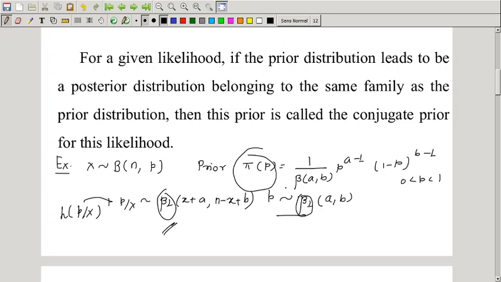For example, we might have a sample from a normal population with mean mu and sigma square known, where we know nothing at all about mu.